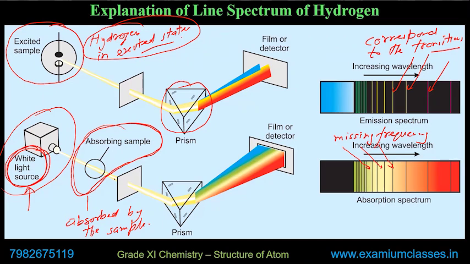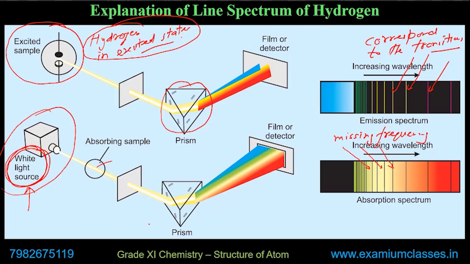Now, I can give you just a hint of how it can absorb energy. For example, suppose this contains hydrogen gas. When white light passes through it, the white light will excite the electrons of the hydrogen atom.